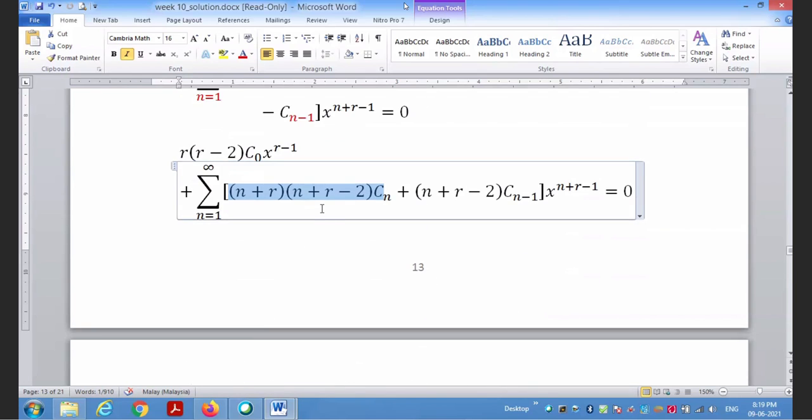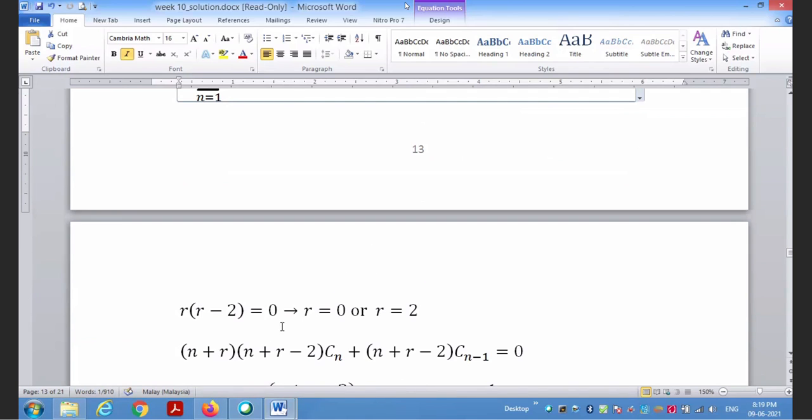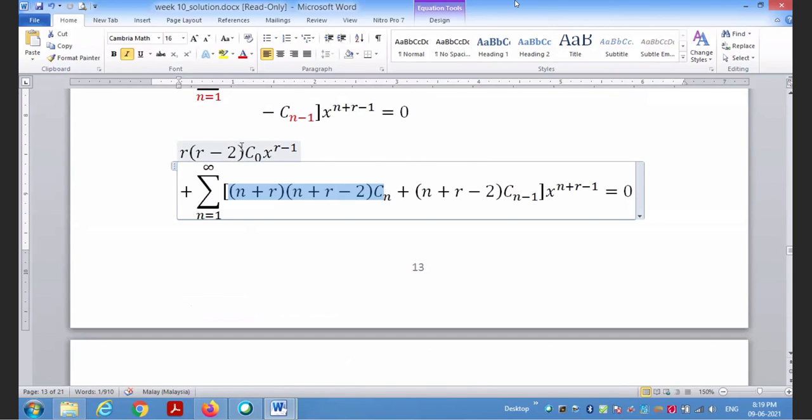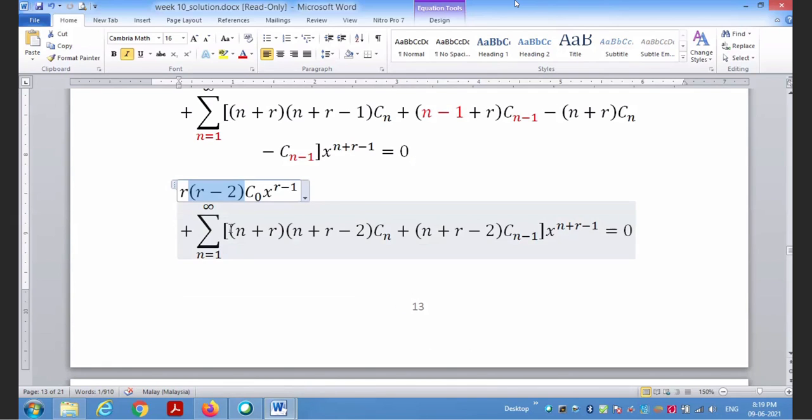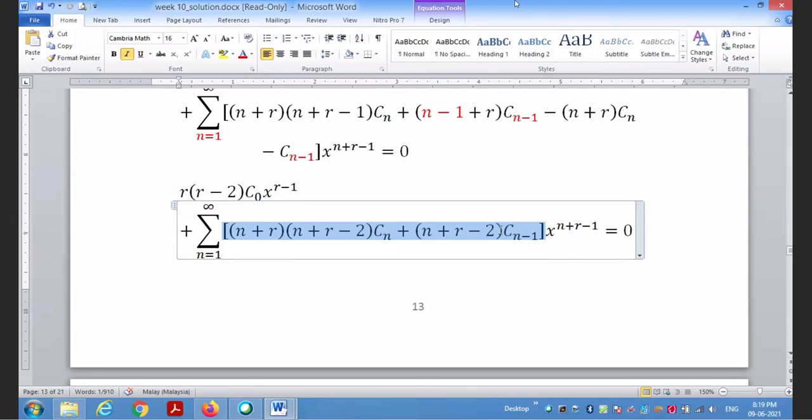So this will be 0 if and only if this is the auxiliary equation. So r times r minus 2 equal to 0. This term must go to 0, meaning that we have r equal to 0, r equal to 2. The same thing here, all the coefficients must equal 0.